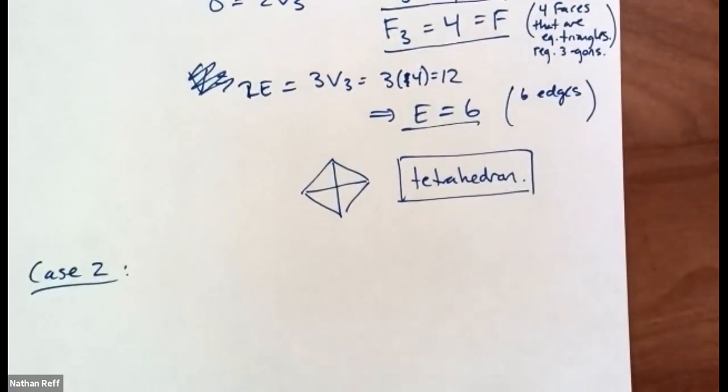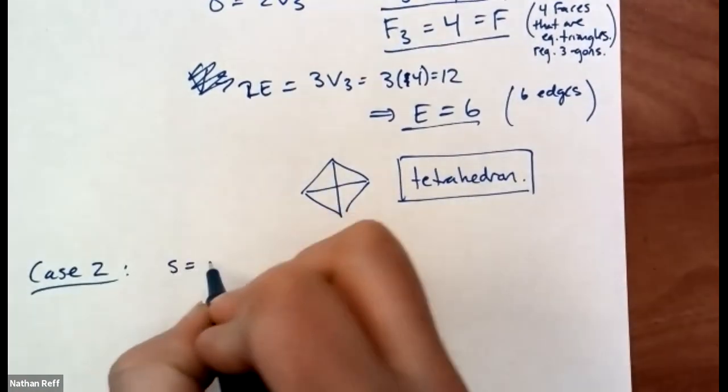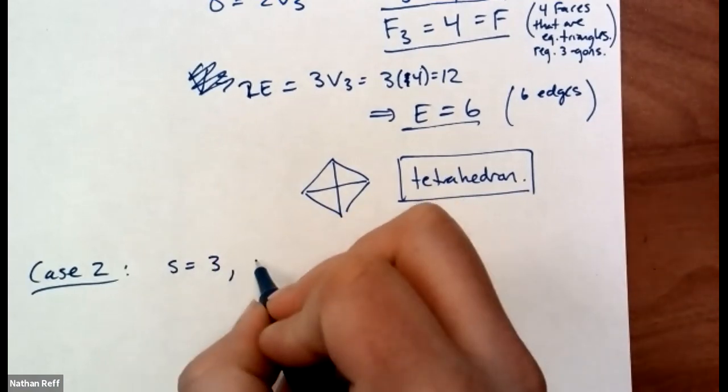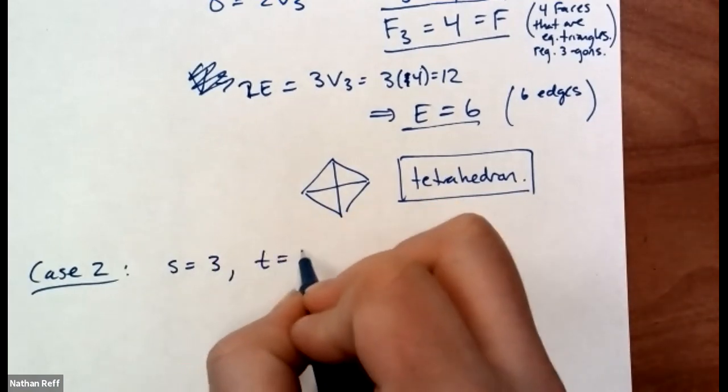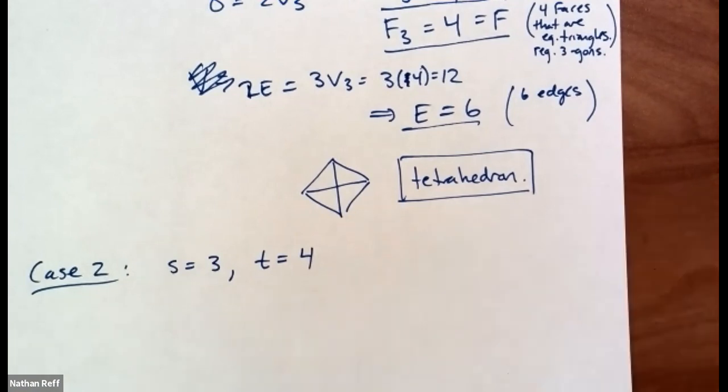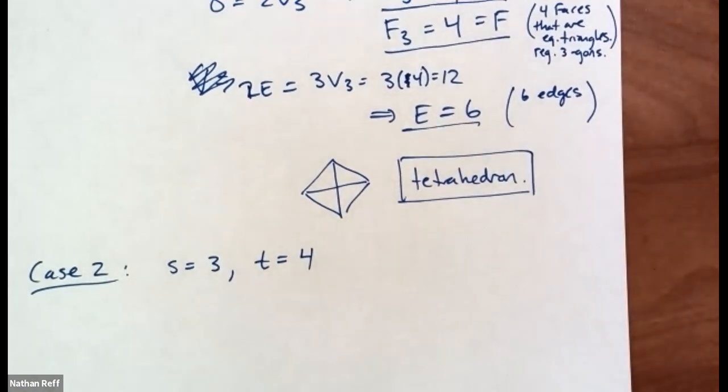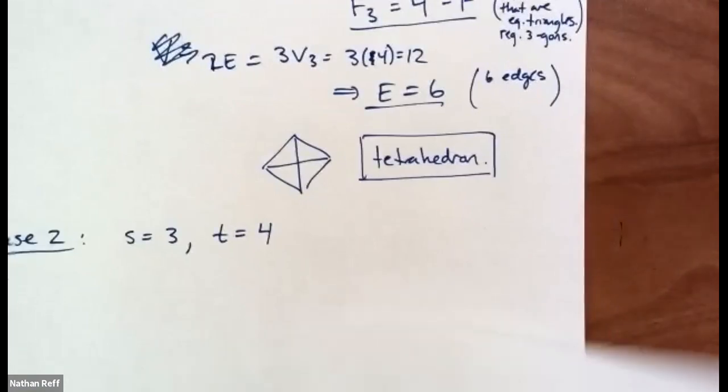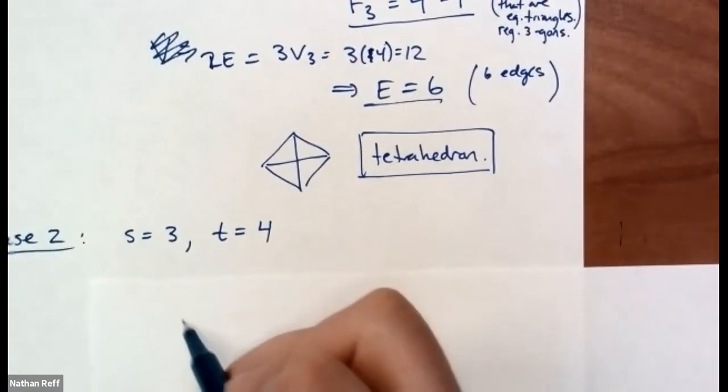Okay, so case 2, let's say that you're still using equilateral triangles, and now t is equal to 4. Going back to our intuition, you guys kind of see what's going on here. You're just starting out with triangles.